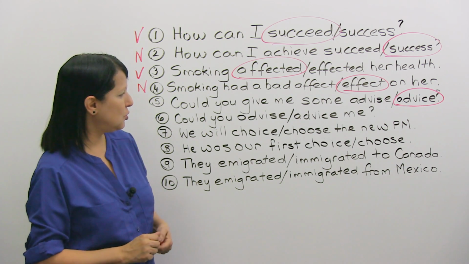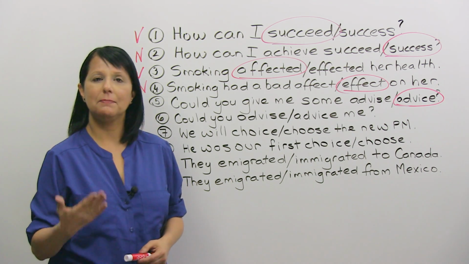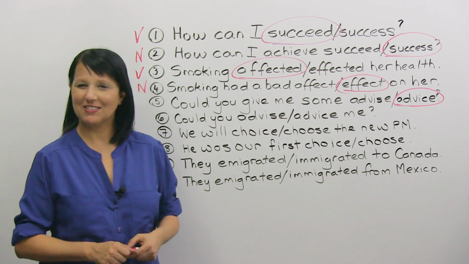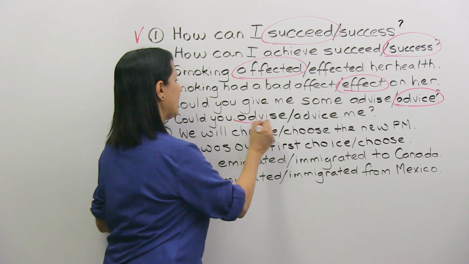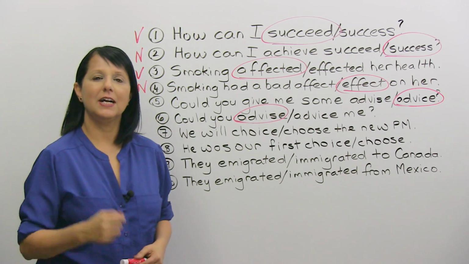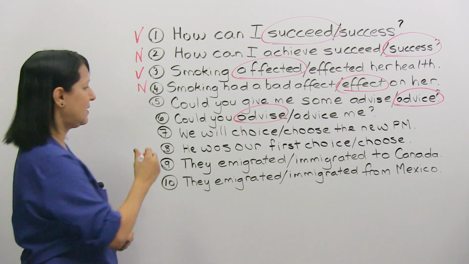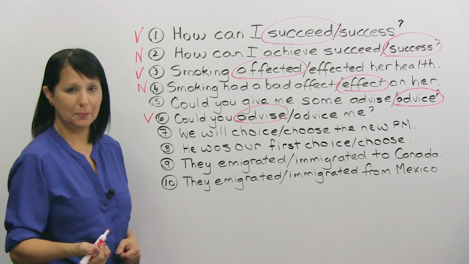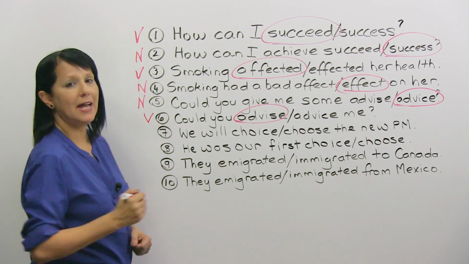And number six, could you advise me or could you advice me? Which is correct? It should be, could you advise me? Two words here, advise and advice. Advise is the verb and advice is the noun.